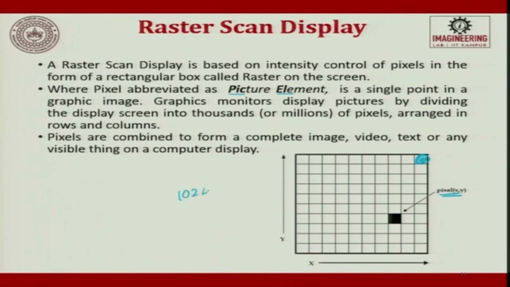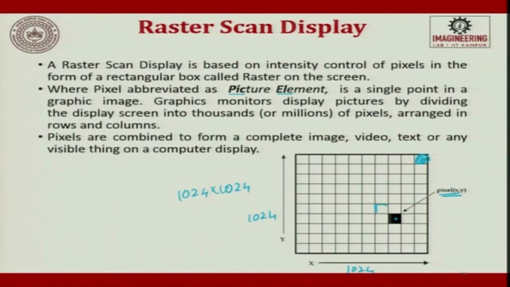Today we talk about 1024 by 1024. So, this is 1024, this is also 1024. So many pixels will be there. This is one pixel, this is a point. The pixels are combined to form a complete image, video, text or any visible thing on a computer screen.